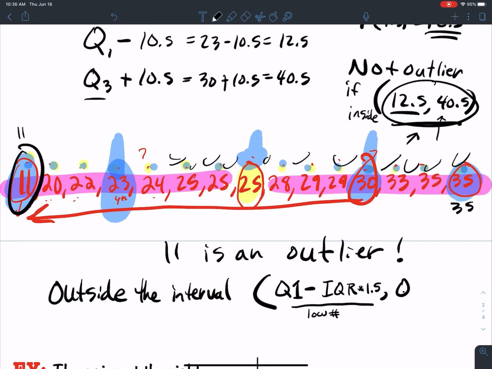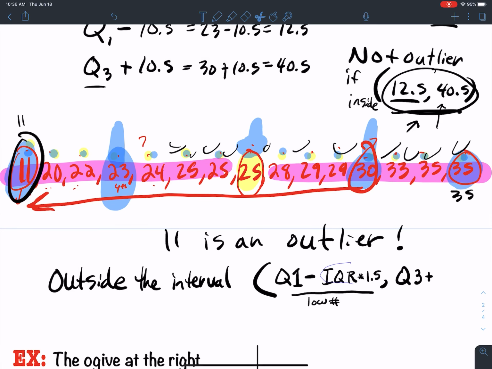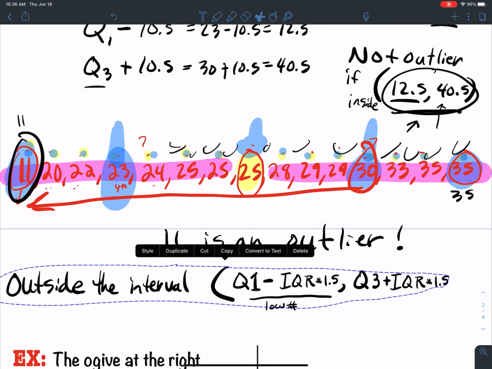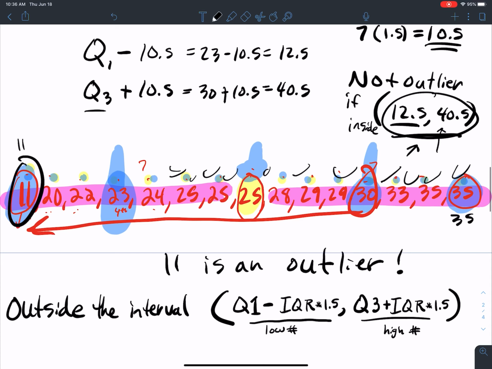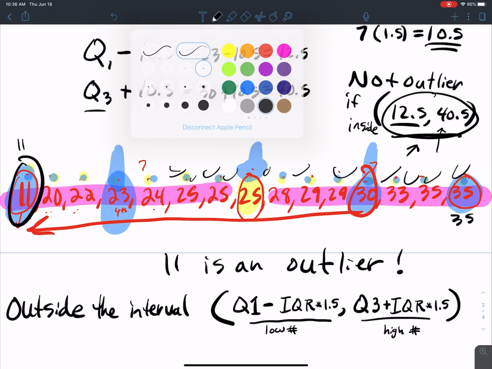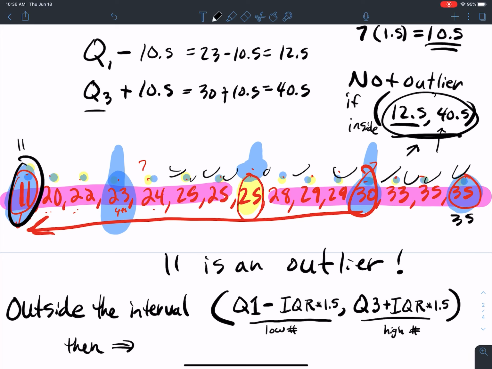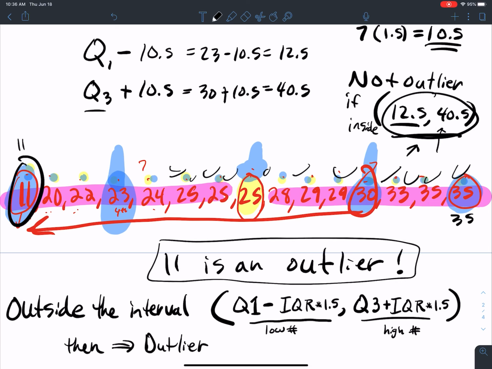And then the upper bound is Q3 plus the interquartile range times 1.5. That's the high number. If we're outside the interval, then we have an outlier. And that's exactly what 11 was. It was outside of that interval.